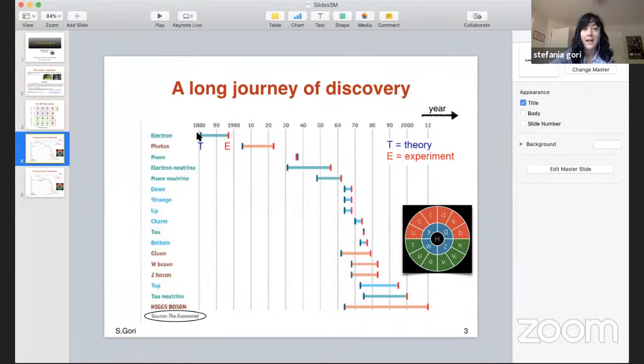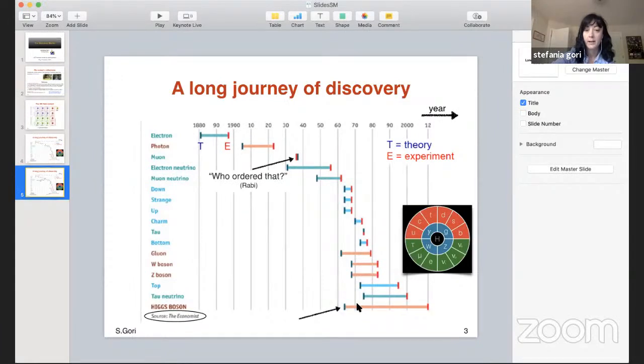So there is the first date, here and here and here. They correspond to the time that the particle was first theorized by someone. And then afterwards, you see the time of the experimental discovery. And sometimes you see that it takes quite a bit from the theoretical idea to the experimental discovery, especially as we see here for the Higgs boson, which took us quite a bit of time, as we'll discuss in detail. And on the opposite, there are also particles that are discovered sort of by chance, like the muon, in the sense that we didn't expect them theoretically, and that's why there is the famous sentence by Rabi that we didn't expect the muon discovery.